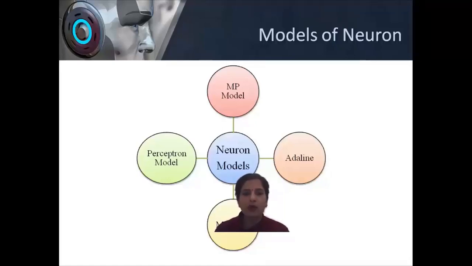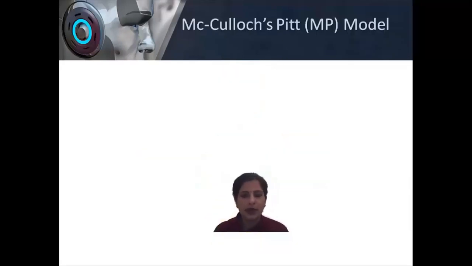Next was the perceptron model, an enhancement of the MP model, introduced by Rosenblatt in 1958. Next we come to the Adaline model, which is very similar to the perceptron except that the learning is different. And finally we have the Madaline model.